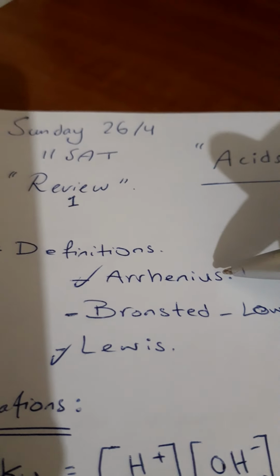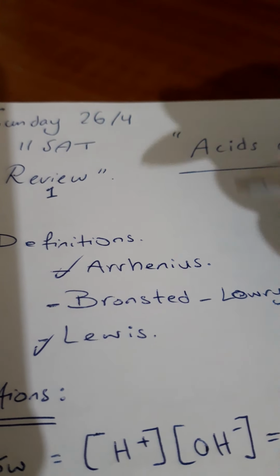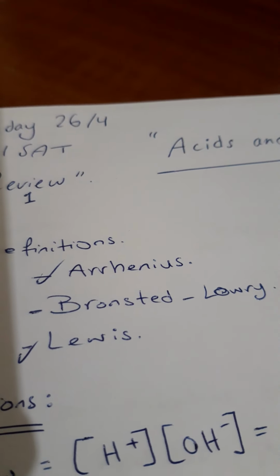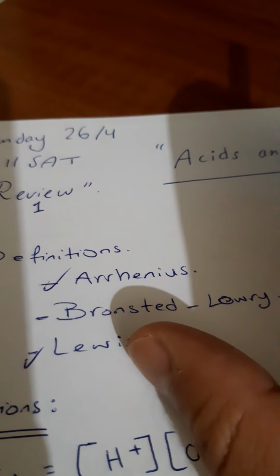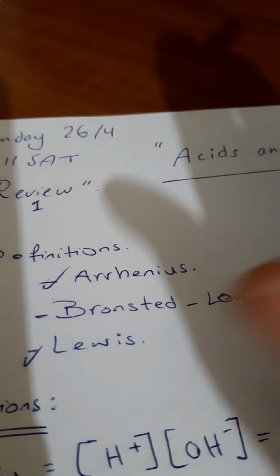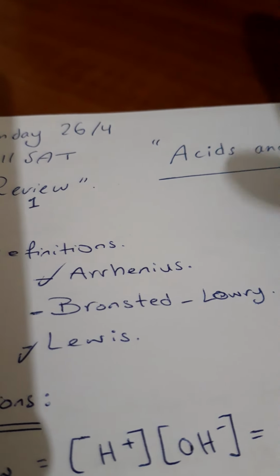An Arrhenius acid is a substance that releases hydrogen ions in aqueous solution, and an Arrhenius base is a substance that increases hydroxide ions in aqueous solution. A Lewis acid is an electron pair acceptor, and a Lewis base is an electron pair donor. That's it. For the Bronsted-Lowry definition, you need to know the definitions first of all.